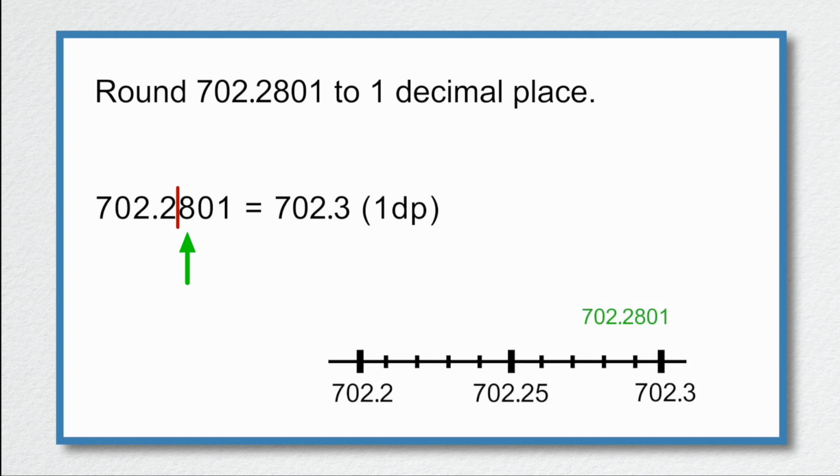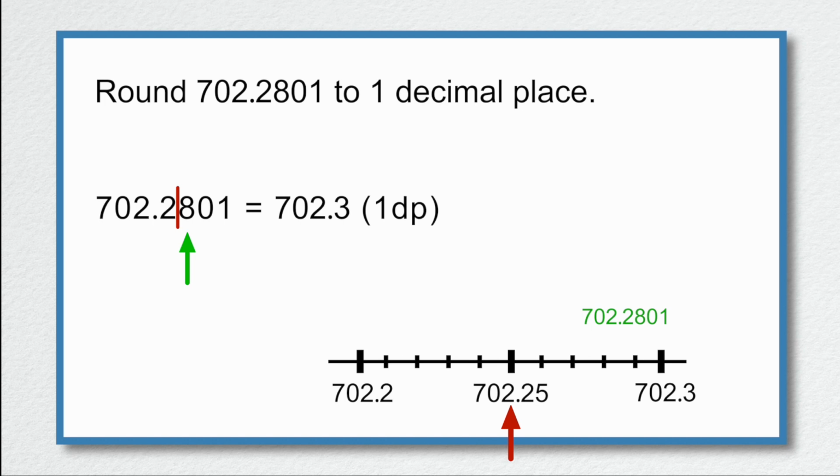And again, here it is on a number line. When rounding to 1 decimal place, we are concerned with whether this number rounds to 702.2 or 702.3. And the halfway point is 702.25.